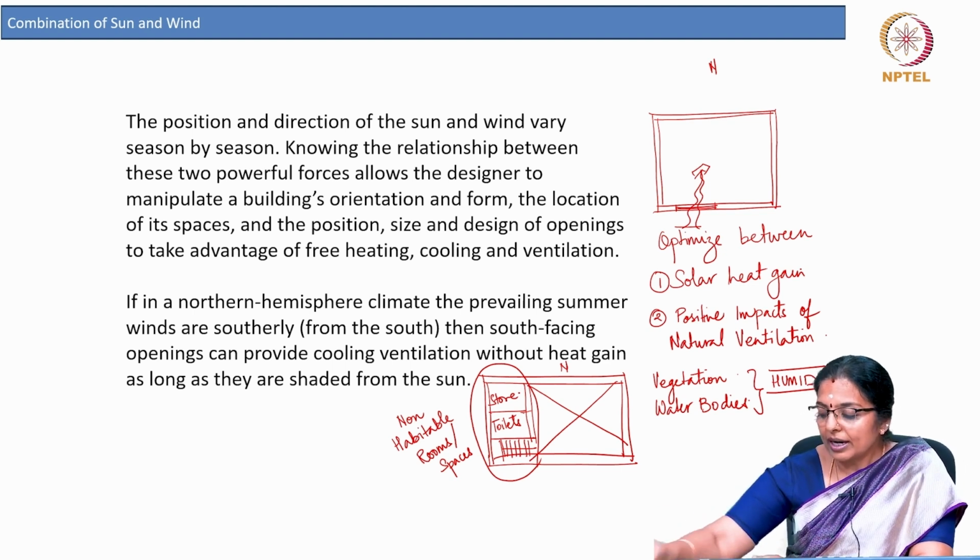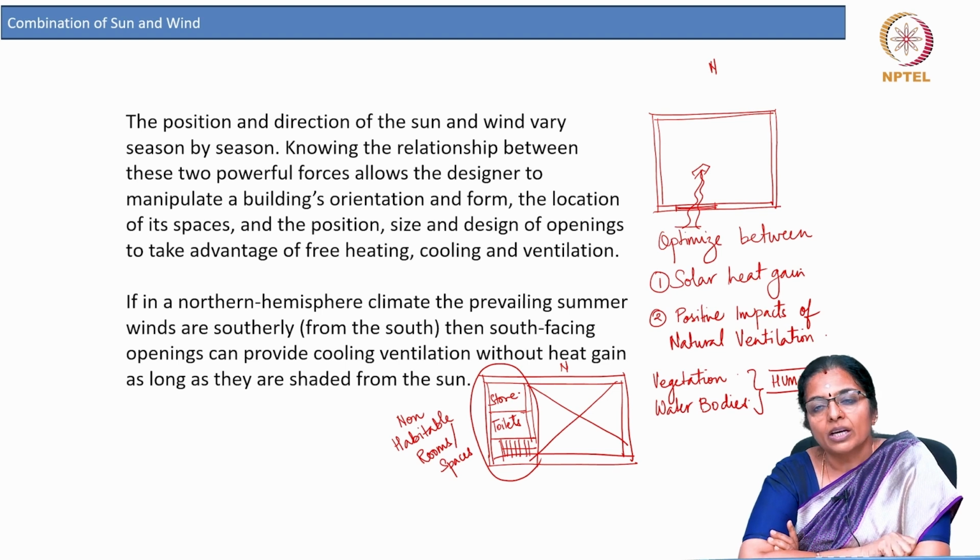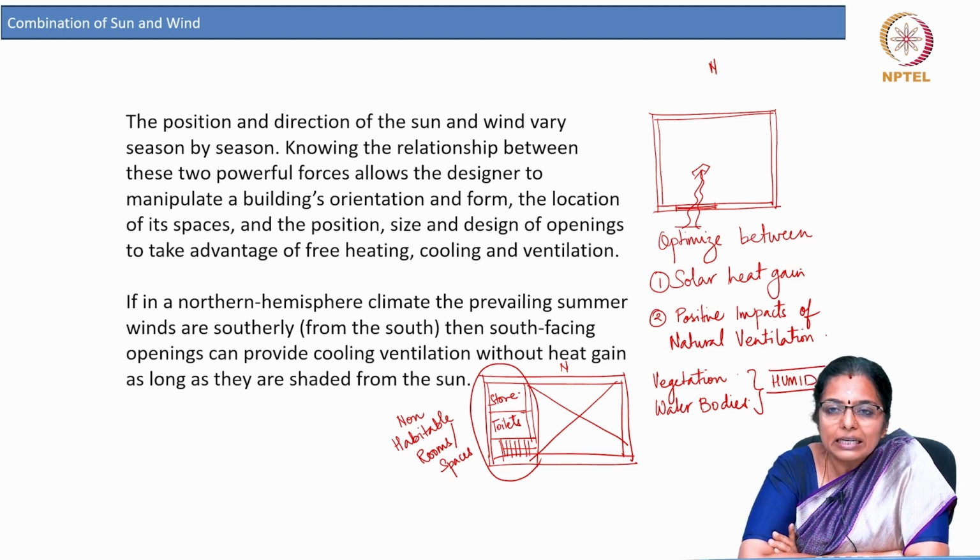So, in today's class, we saw the primary difference between passive techniques and active techniques. Passive techniques are techniques which utilizes the forces of nature in order to create a habitable, comfortable indoor environment. They use the forces of nature such as sun and the wind.